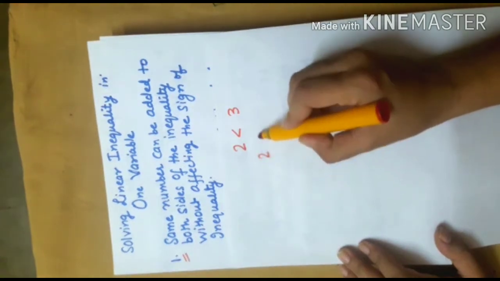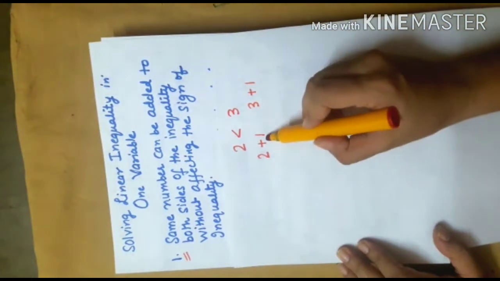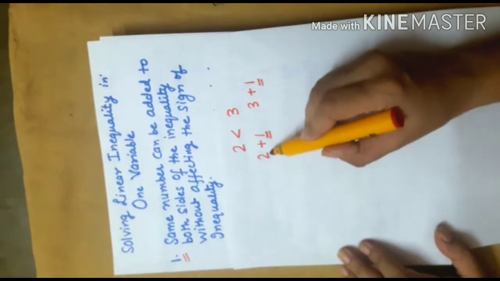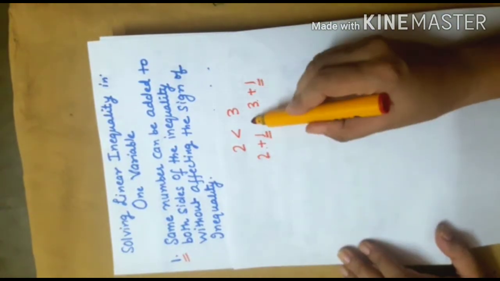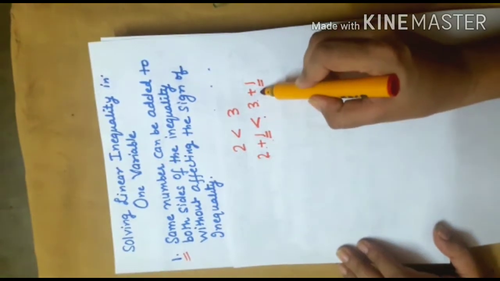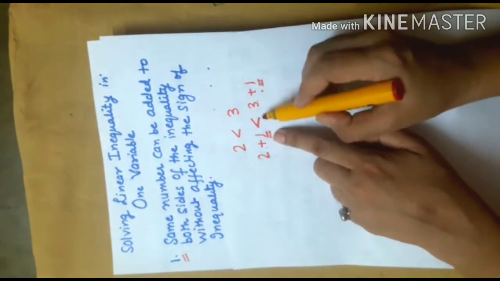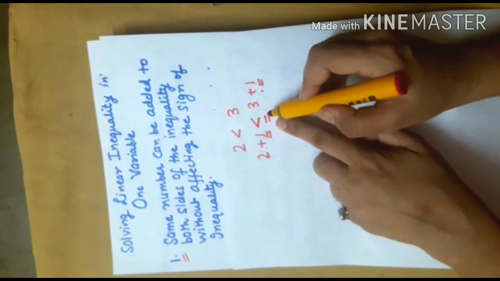If I add 1 to both sides, I have added the same number to both sides. Then 2 plus 1 is 3, 3 plus 1 is 4. So 3 is still less than 4. So when we add the same number to both sides, the sign of inequality does not change.